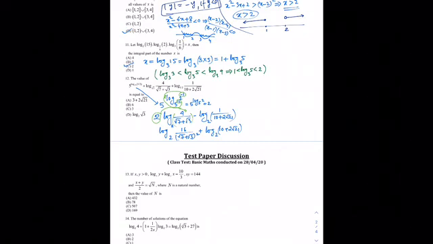Now these two bases are the same, I can add them, and there is a multiplication property that will give us log of, now base is 2, log of 16 by root 7 plus root 3 whole square, which is 7 plus 3 plus 2 root 21, and into 10 plus 2 root 21.